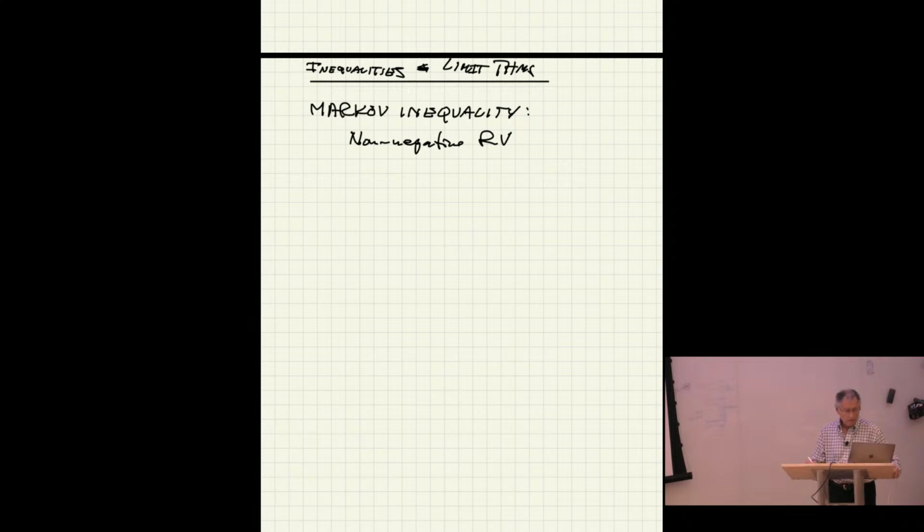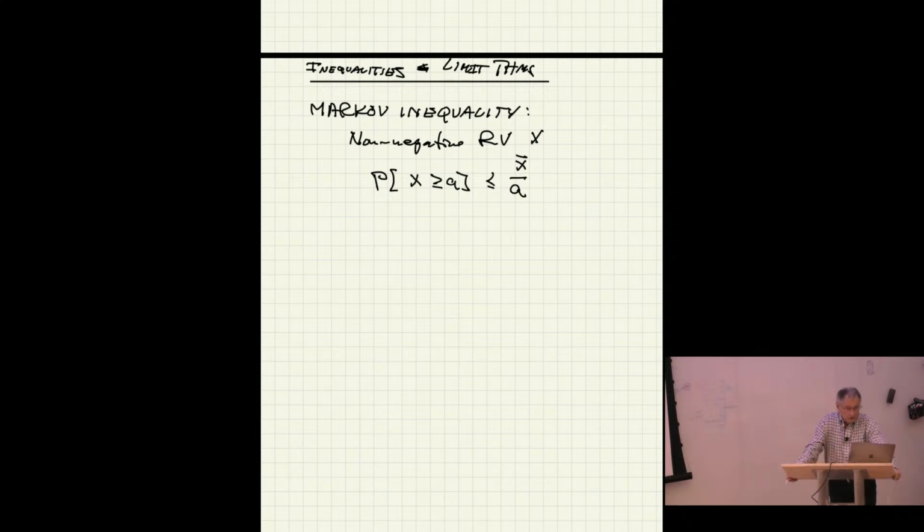Non-negative random variable, let's call it x. The probability that x itself is greater than or equal to some number a is less than the mean of that random variable over a.